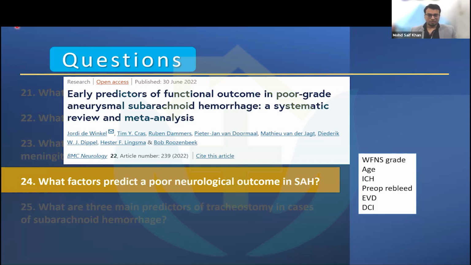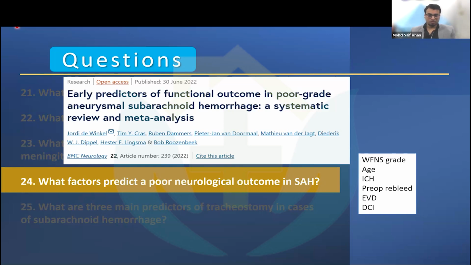So older age, presence of intracranial hematoma, preoperative rebleeding, the presence of EVD or EVD requirement, delayed cerebral ischemia, all are associated with poor outcome in SAH.